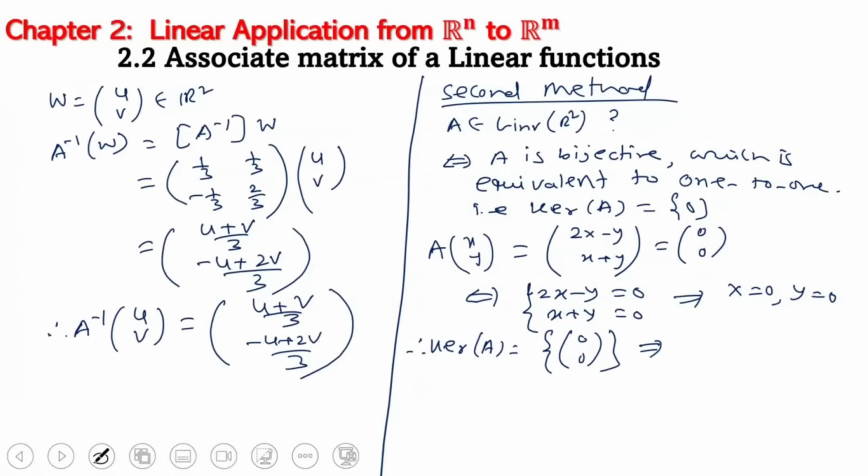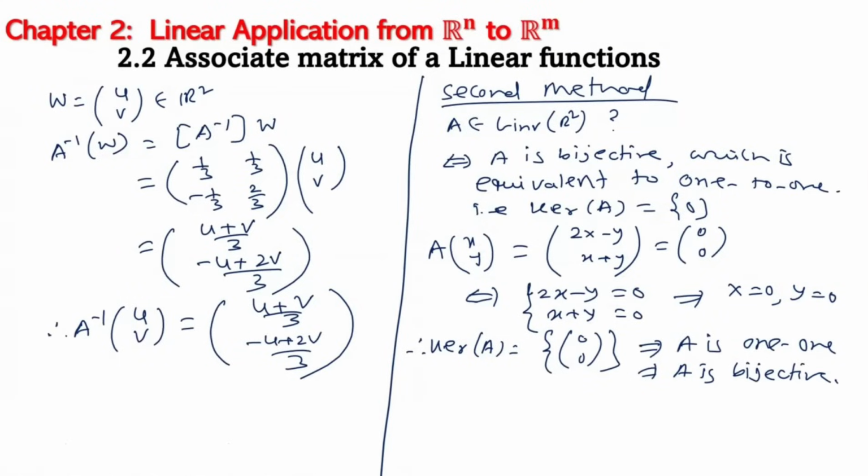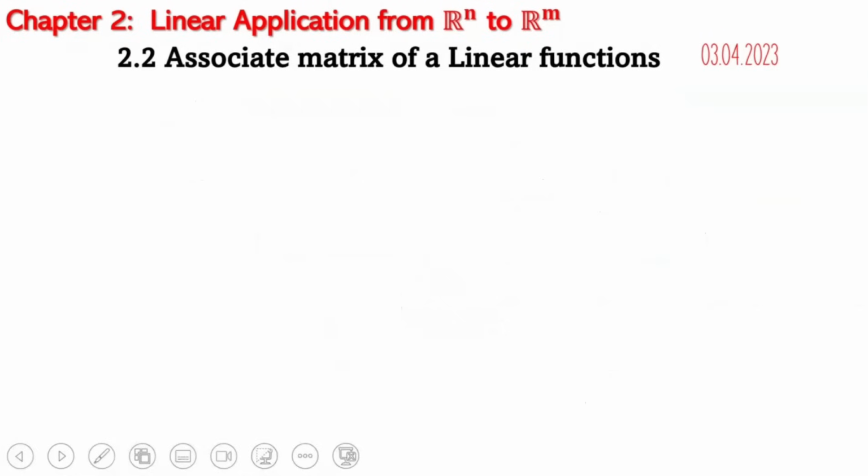So this implies A is one-to-one, which implies A is bijective. This is the first part of this theorem, and so this implies A belongs to L inverse R2.